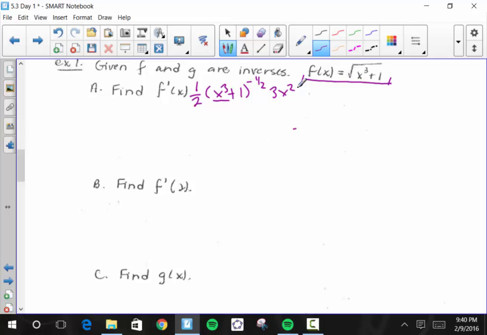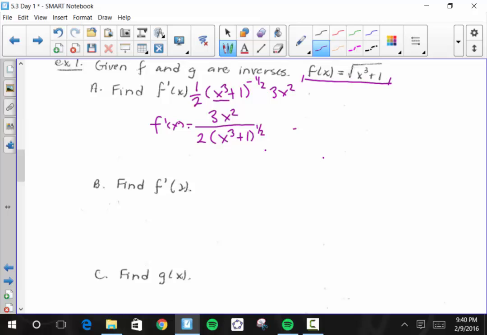If I were to simplify this down, f prime of x is equal to 3x squared all over 2 times x to the third plus 1 to the 1/2 power down there on the bottom. So there, that's the first thing.